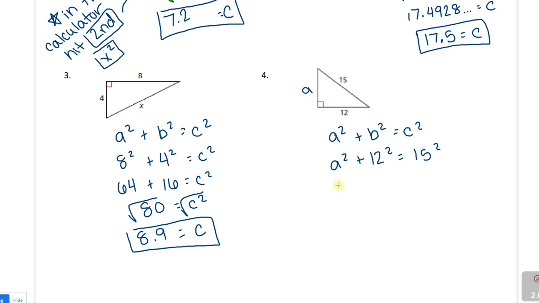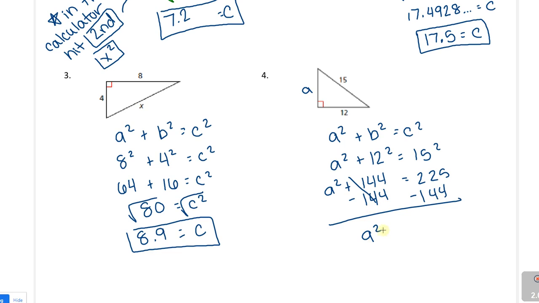So let's solve this. 12 squared is 144. Bring down your A squared. That's going to equal 15 squared, which is 225. We need to solve for A squared. So we need to subtract 144 from both sides. That cancels out.